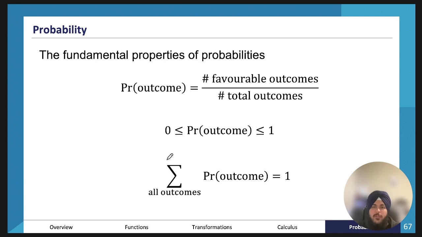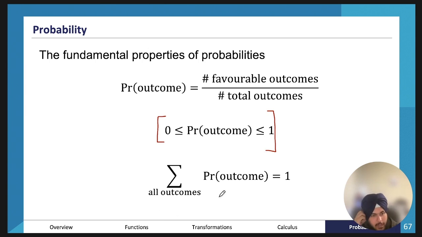That's essentially what probability means. Since it's a way of determining the chance of something occurring, the probability of something is usually between 0 and 1, where 0 means impossible and 1 means certain. So you really need to know that any probability will be between 0 and 1.